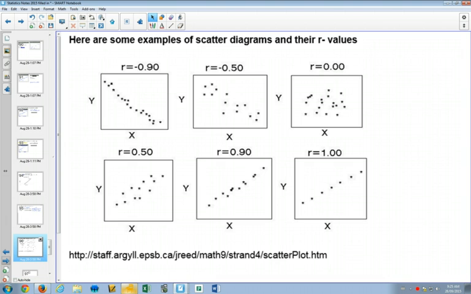Our line of best fit would still have a negative slope, but its correlation is not as strong, and we got -0.5. And finally, that last one is all over the place, would have no correlation. Here we have some positive slopes, and if all of your data lines up perfectly in a line, that's when you're going to get your correlation coefficient to be 1.